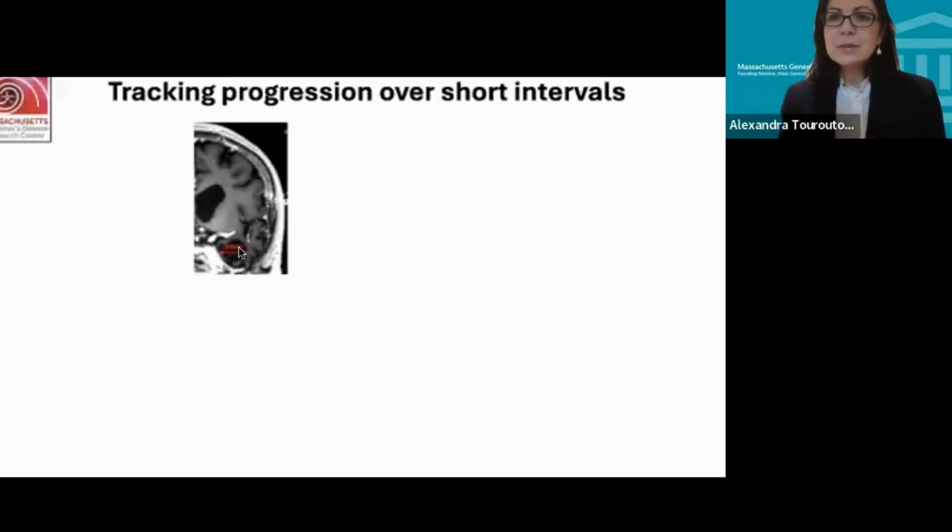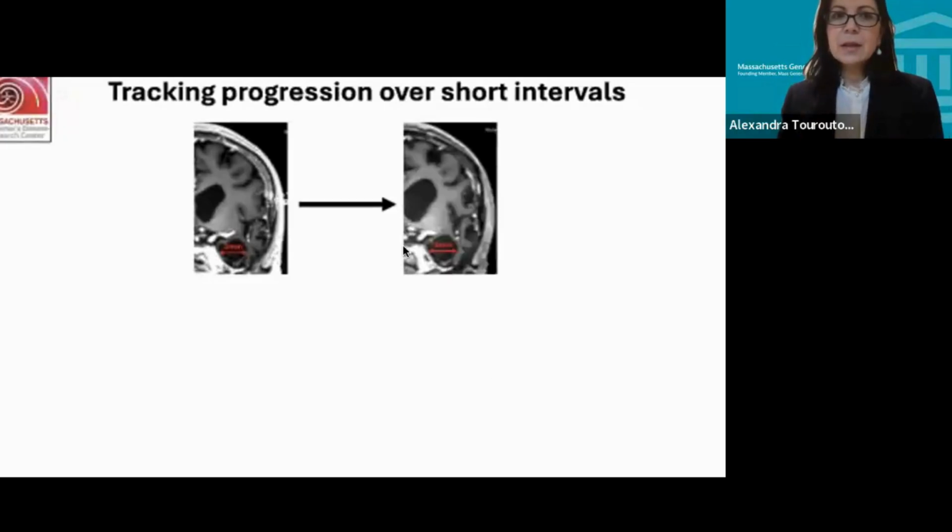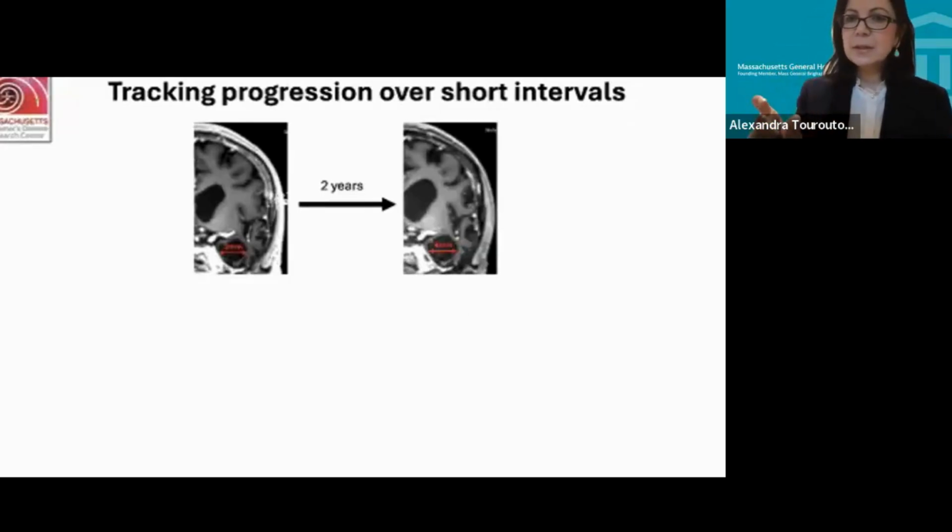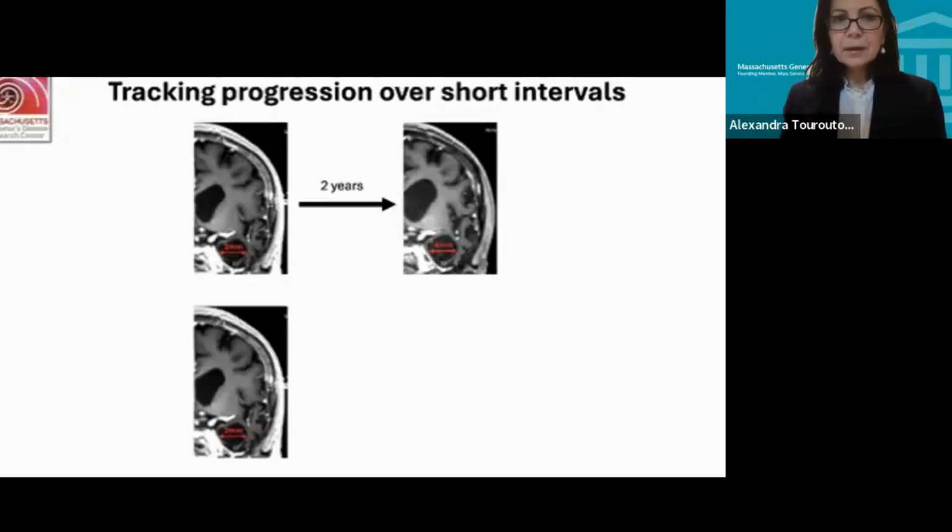This is one of the cavities in the brain, and we see a lot of shrinkage here. And then we can look at this 2 years later, and we see that there is more shrinkage. And sometimes you can see that with the naked eye.